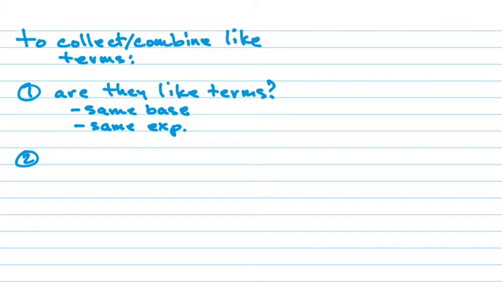So here's what we're going to do. Our steps. We're going to combine the coefficients. Because remember, the coefficient, which includes the sign, by the way, tells you how many of something you have, and when you're combining, you change how many of something you have.